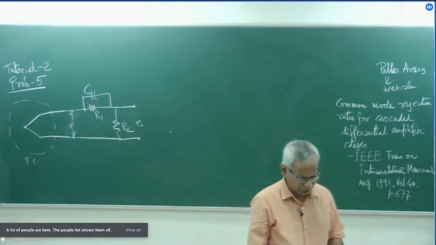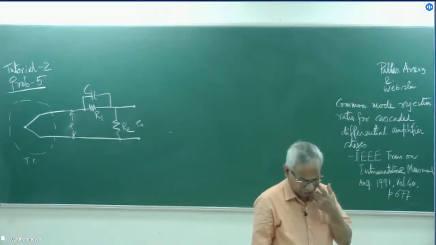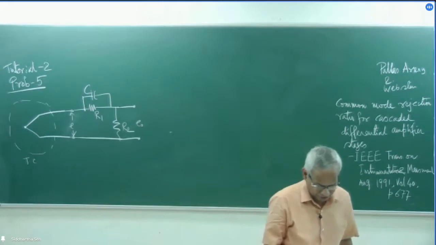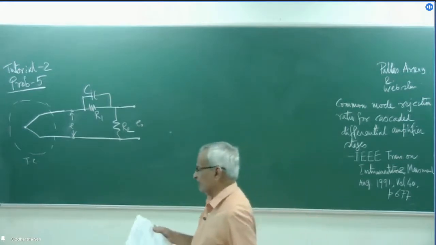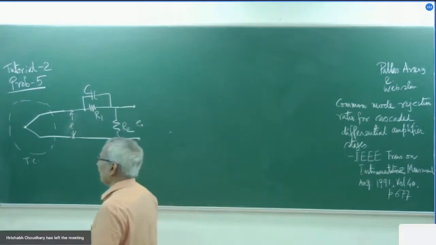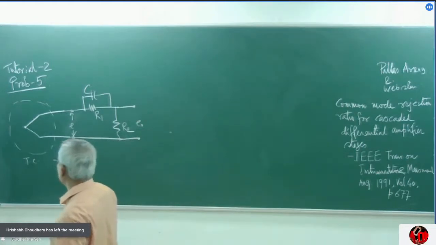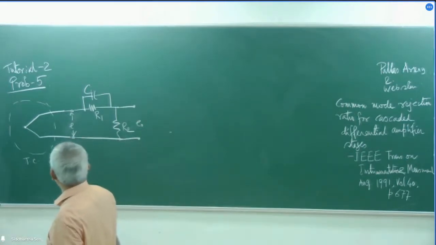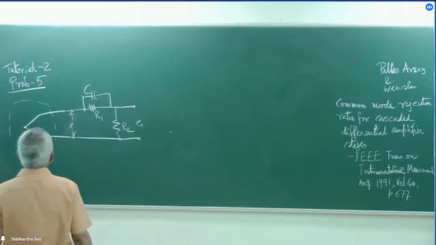Show that by using a passive compensating circuit as shown in the figure below, the time constant of the thermocouple can be considerably reduced by proper choice of resistors and capacitors. As I told you, the thermocouple time constants are of the order of a few seconds, sometimes 20 or 30 seconds, or maybe 1 second.